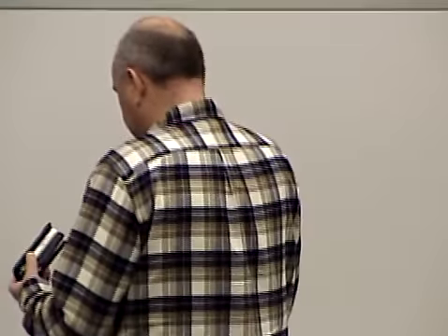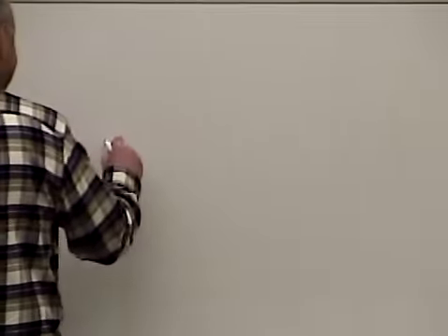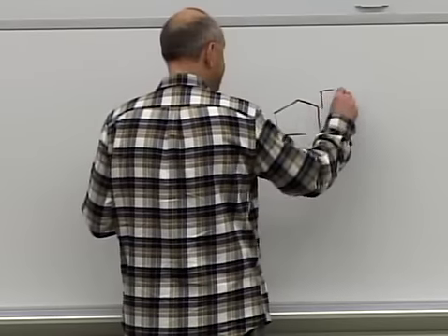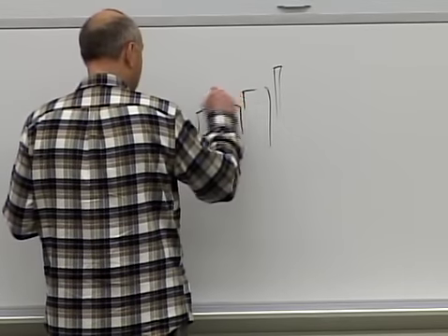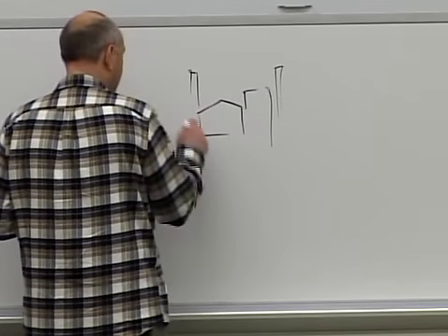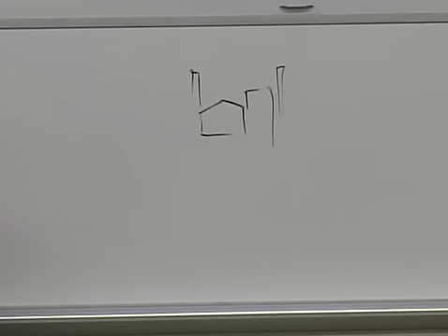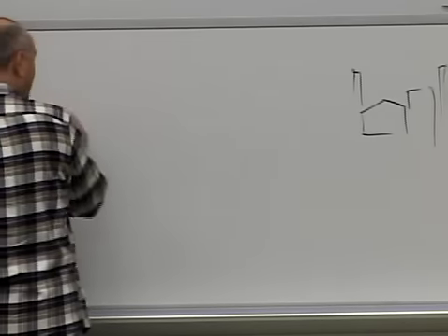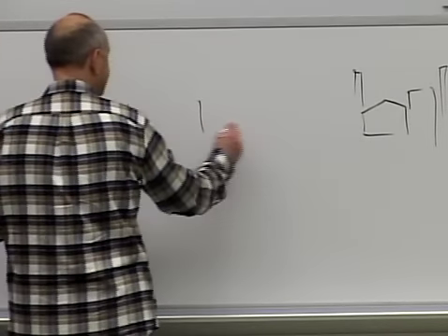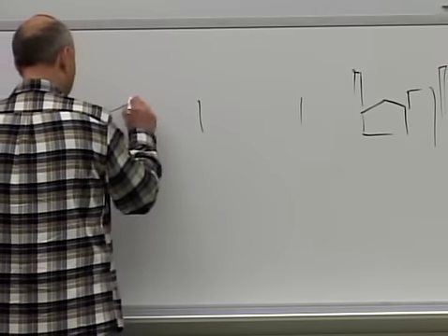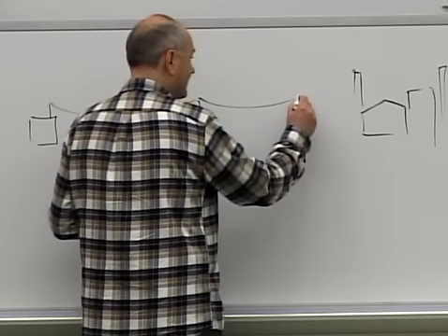And this procedure actually saves quite a lot of energy. Because now think, let's say that we have a town somewhere over here, and a power station there, and we deliver electricity.